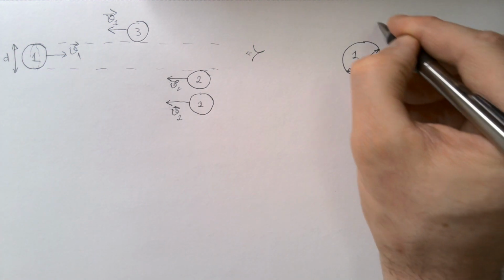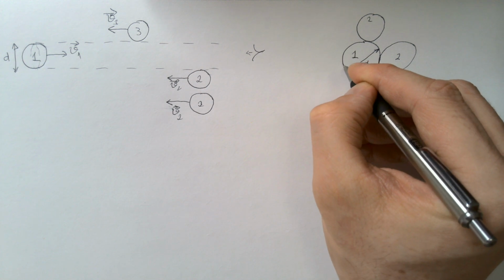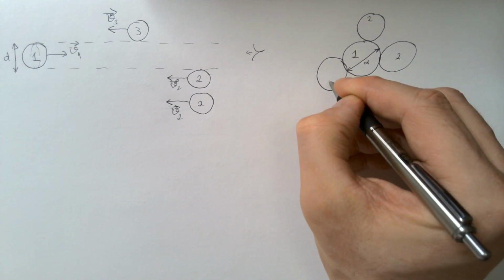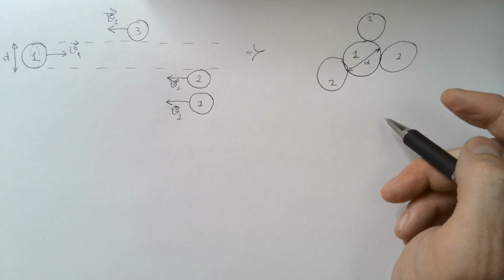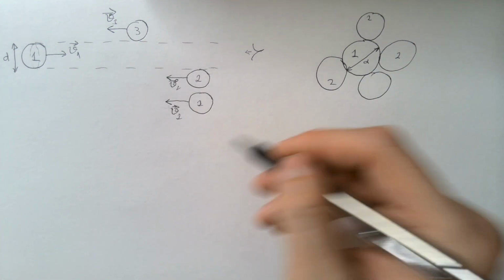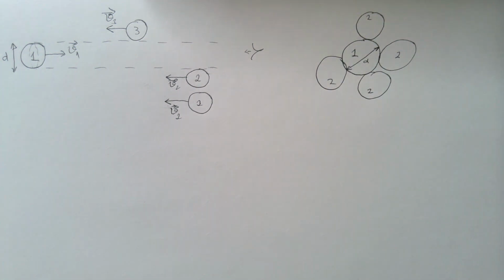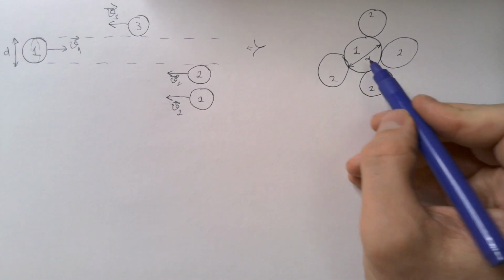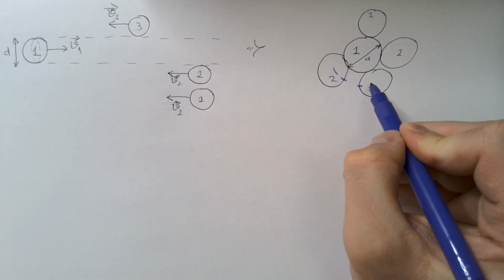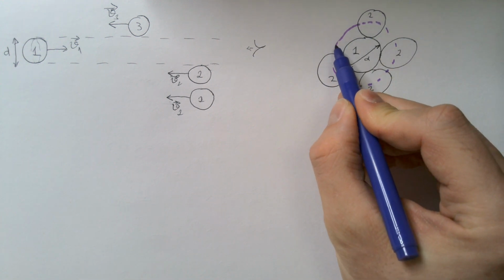So atom 2 could be here, could be here, could be here. All of these circles should be the same size because these are all identical atoms, at least in this theory that I'm developing here. So you can see that we can identify this sphere of collision, so to speak.